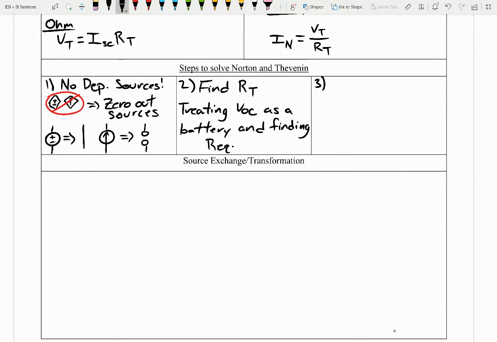Then our final step is to find V Thevenin or I Norton using previous methods. So that's going to be your nodal analysis, your Ohm's law analysis, KVLs, KCLs, things like that. It's just to extract a piece of information to solve the problem.